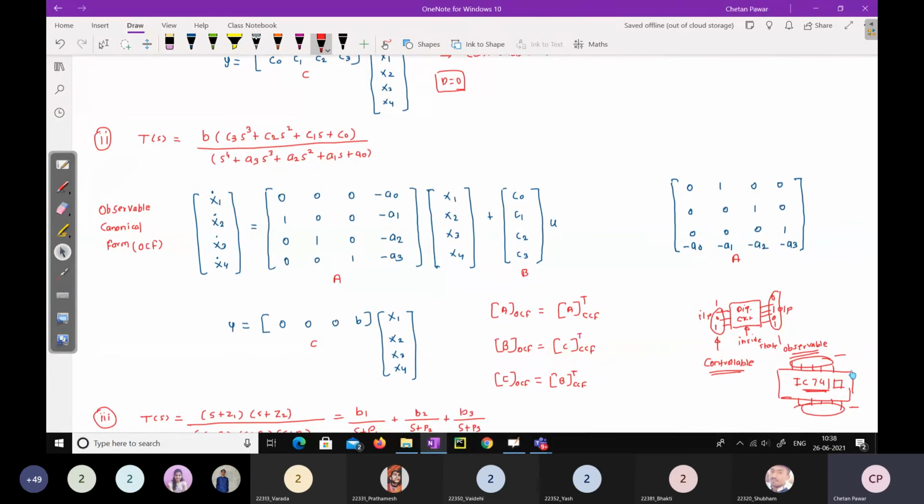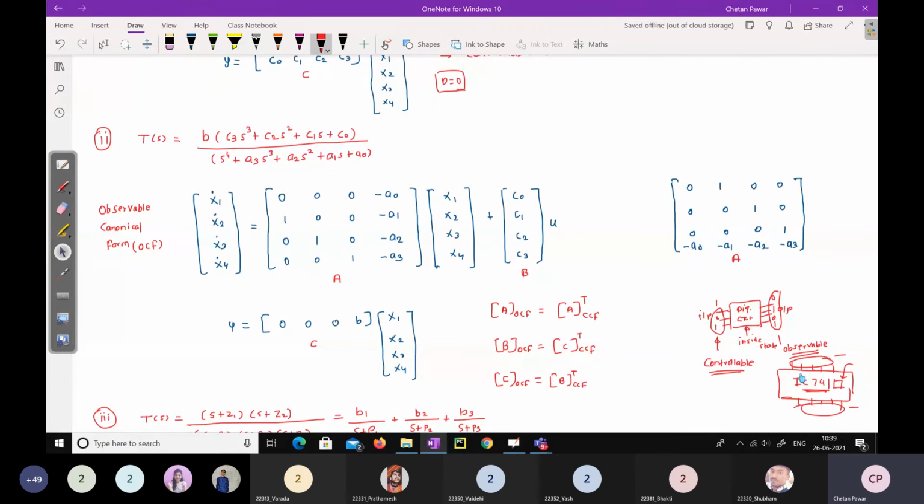So for example, in this particular IC741, if the inside state is controllable or observable, if you know any internal state, as in a state space, we represent the internal states and we just analyze them.